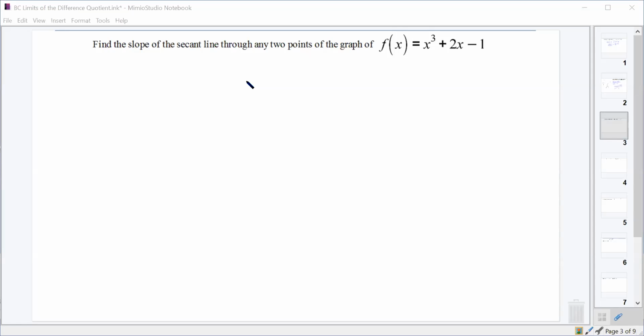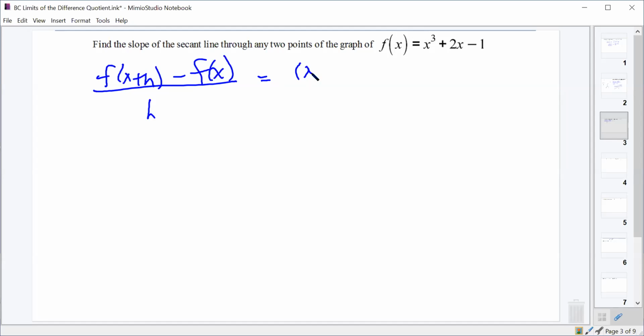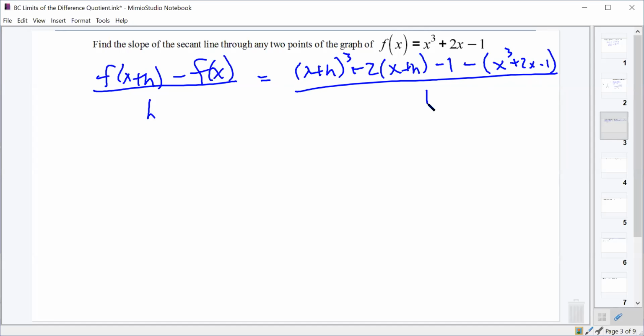So to find the slope of the secant line, we need to do f of x plus h minus f of x over h. So what's f of x plus h? That'd be x plus h cubed plus 2 times x plus h minus 1, and then we'll subtract f of x, all over h.